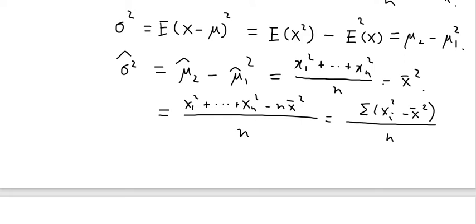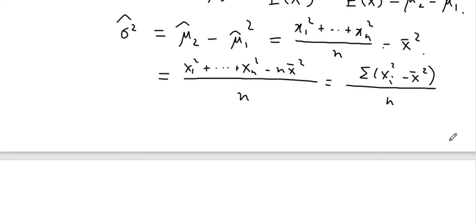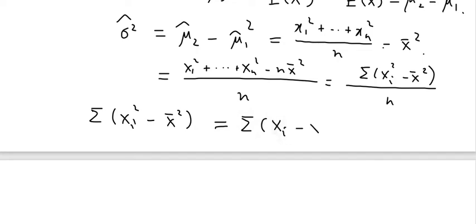Okay, so here we also use a little bit of algebra. We say the summation of (xi minus x bar) square equals this.